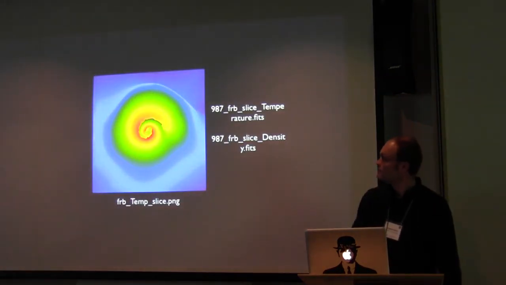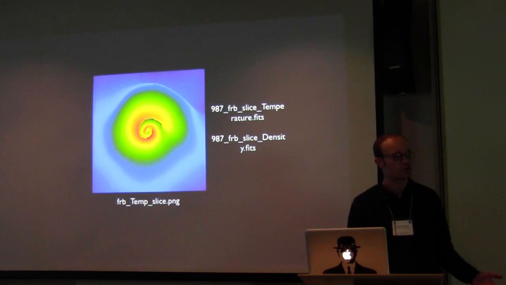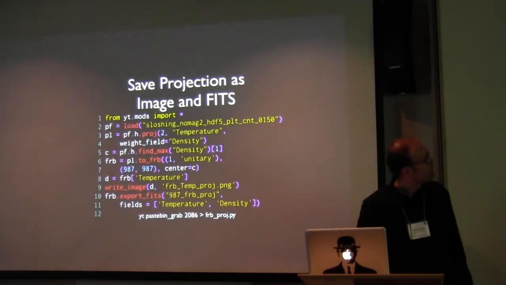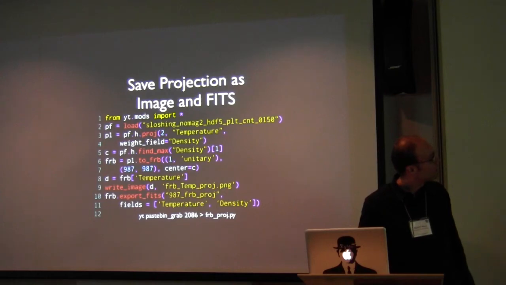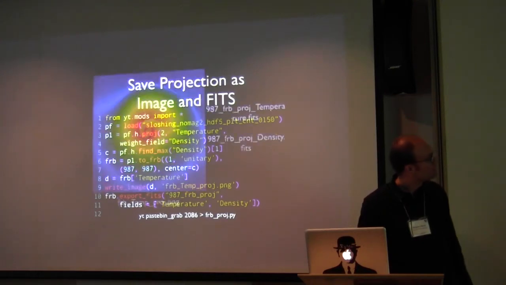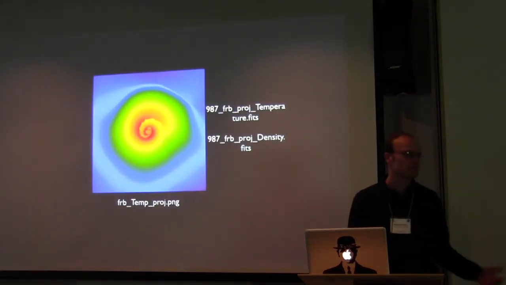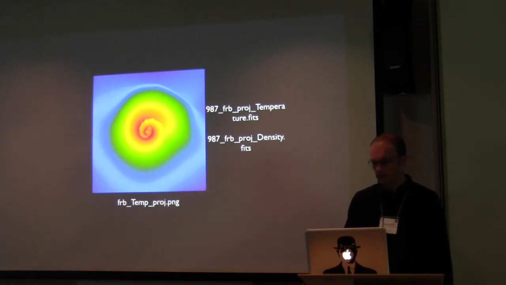Here's a slice of temperature in the fixed resolution buffer. Here I'm using a projection to a fixed resolution buffer, and then here's the output. Are there any questions about that? Of course, we've seen it already.